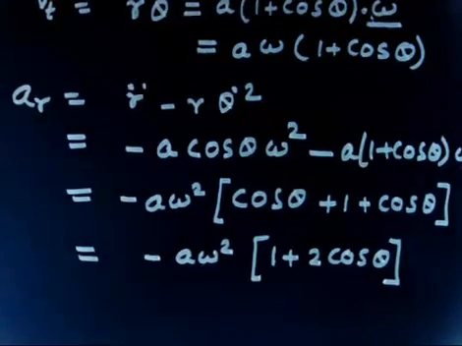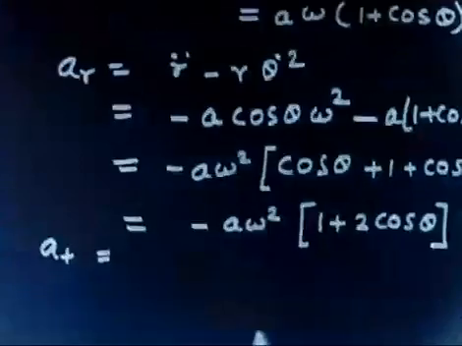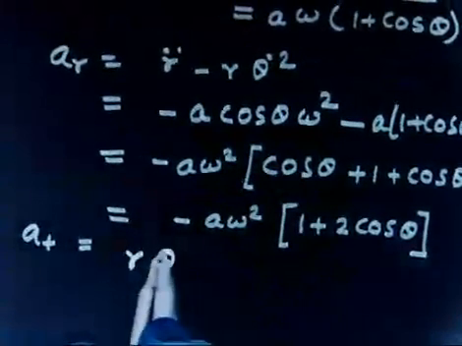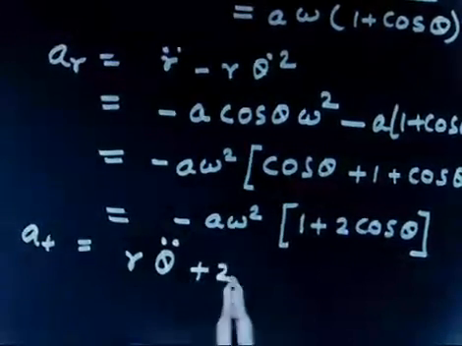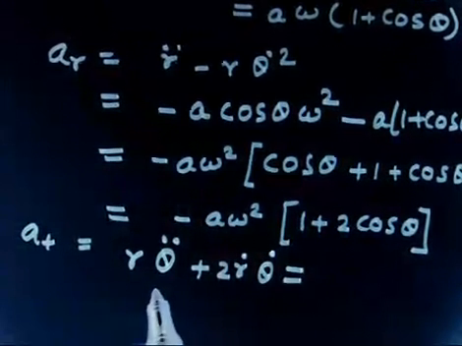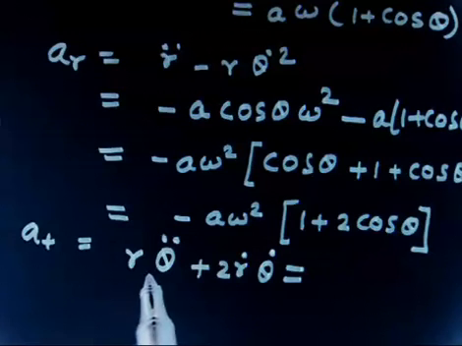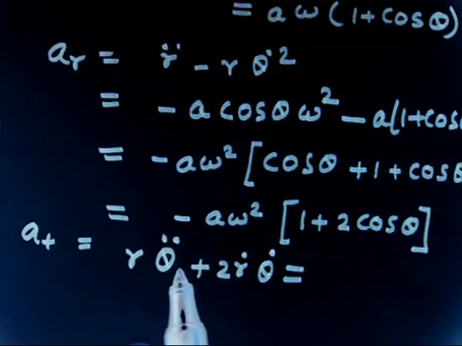Now let us find the tangential component of acceleration, which we have already derived as r theta double dot plus 2 r dot theta dot. Theta double dot will be 0 because theta dot is omega, and if I differentiate omega again it will be 0 because omega is constant, so d omega by dt is 0.